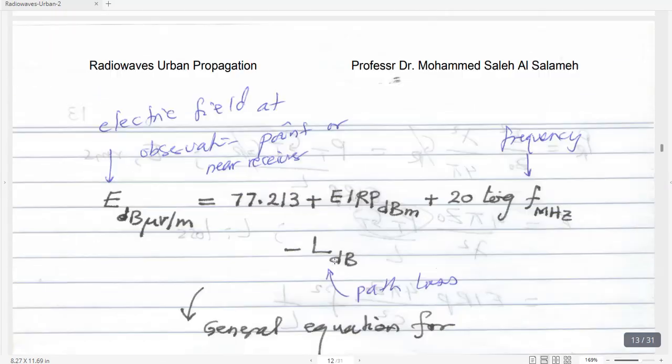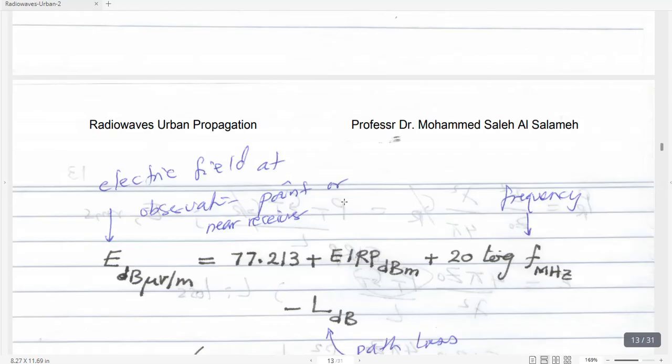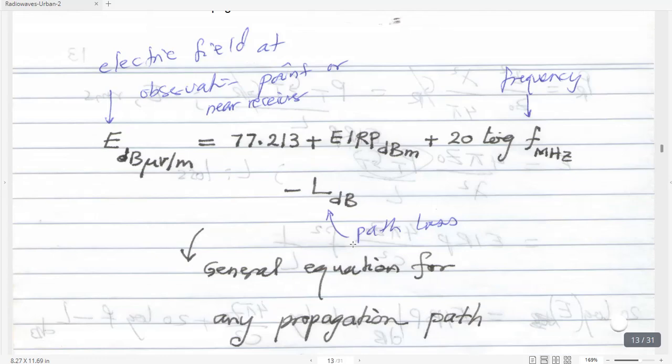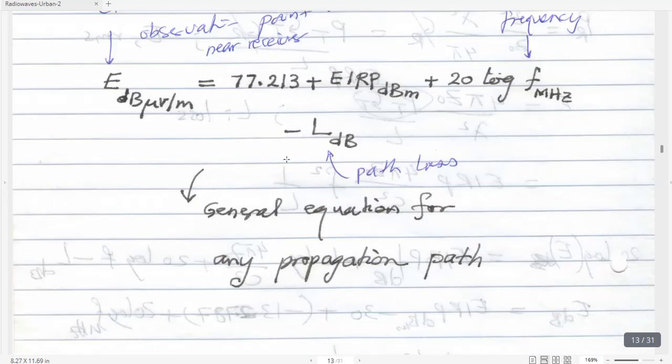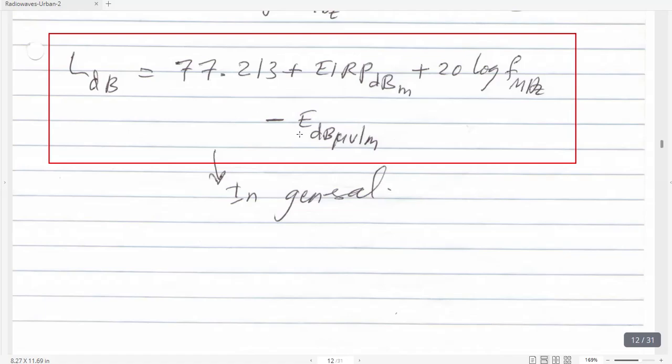We will use this equation. I have written this equation again here, the same equation: 77.213 plus EIRP in dBm plus 20 log F in megahertz minus L in dB. This is the path loss. This is E in terms of L, and here we have L in terms of E. Just we have interchanged the locations of L and E here.